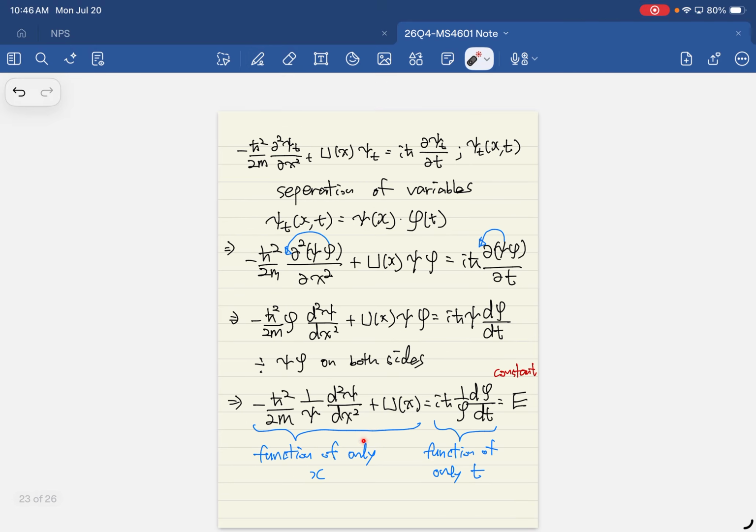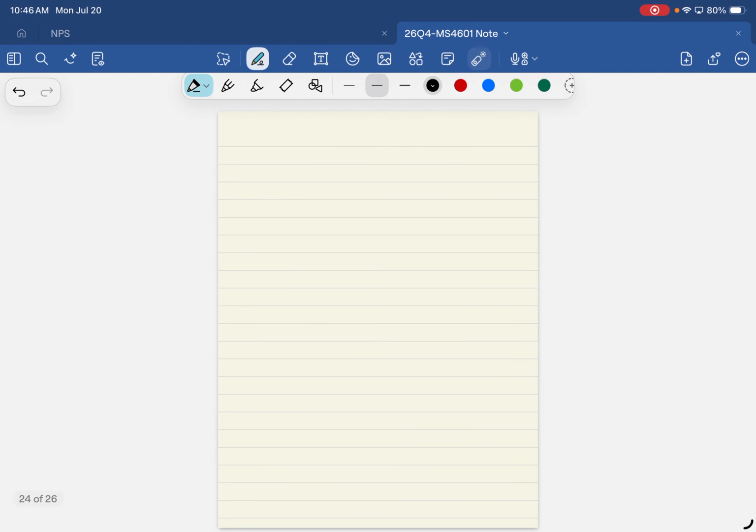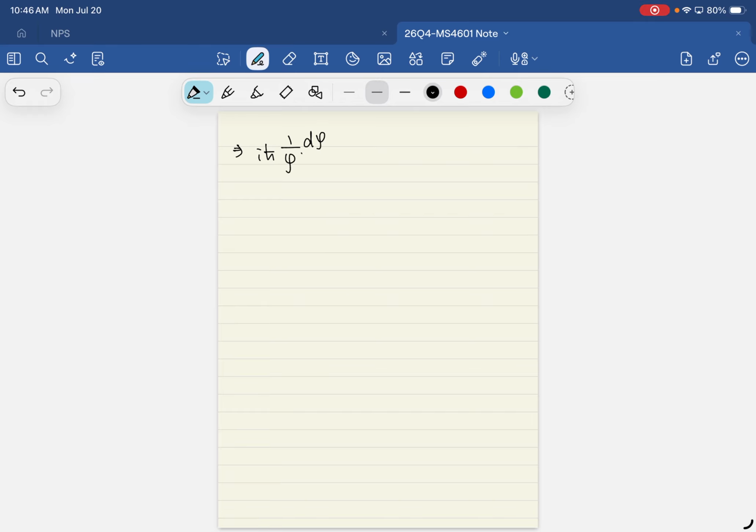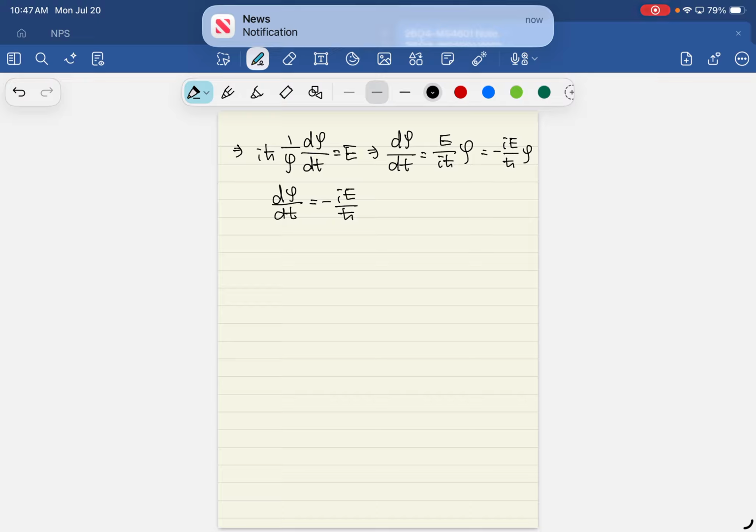From this one we express: i h bar times 1 over phi d phi over dt equals E. Then d phi over dt equals E over i h bar phi, and if I flip this, d phi over dt equals minus i E over h bar phi.